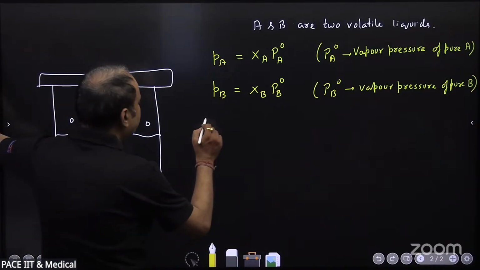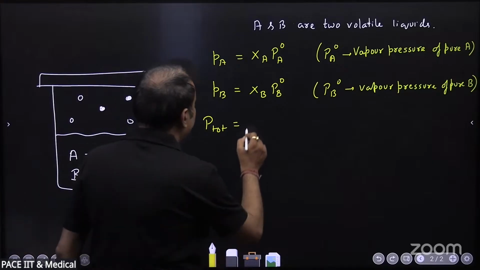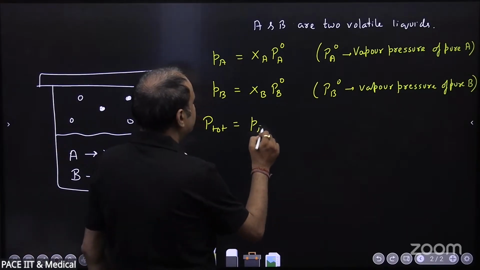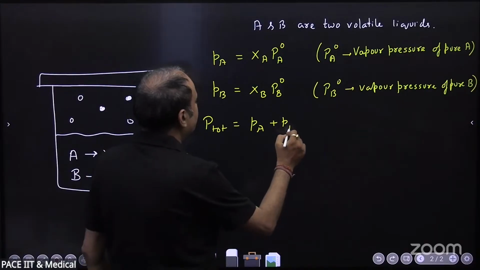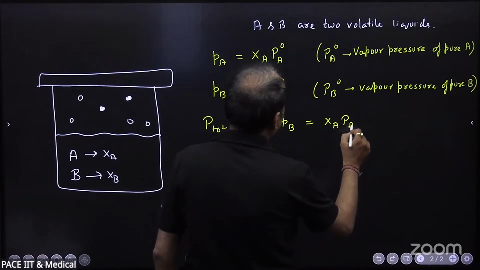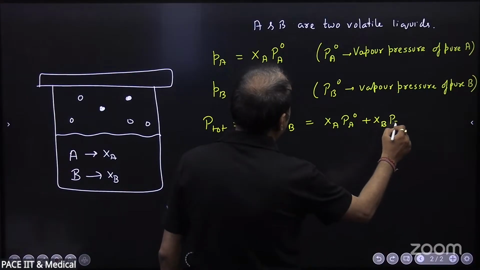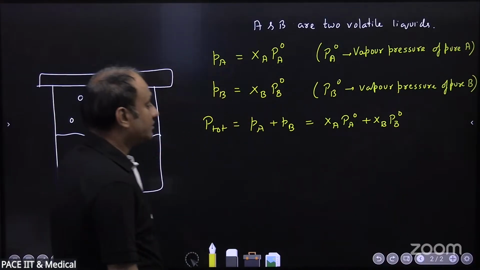So the total pressure of this solution, total vapor pressure of this solution, which will be partial pressure of A plus B, will be given as XA PA0 plus XB PB0.